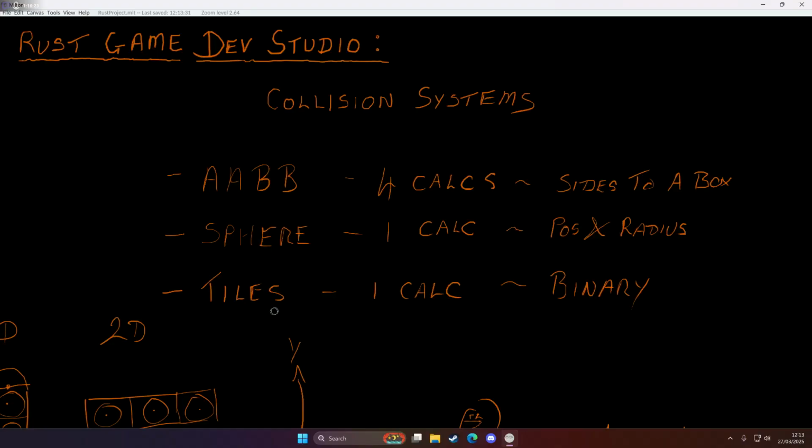So tiles is restrictive in that you can only move from tile to tile, whereas spheres and bounding boxes, as you can see, are freescape. You can move anywhere to any point or pixel. Yeah, I think I've covered most of the things that I really want to cover.